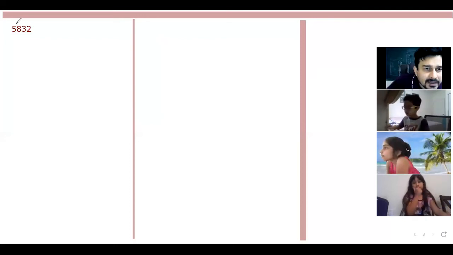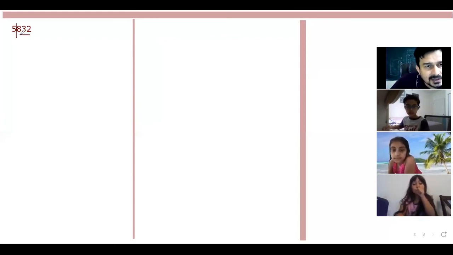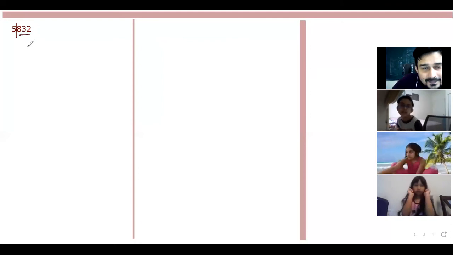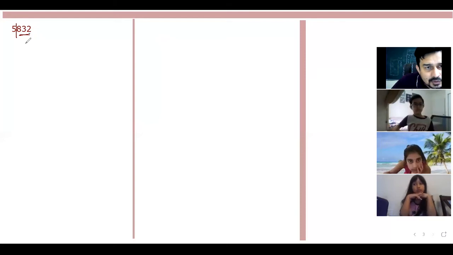Let's see. The RHS and LHS should be divided like this. RHS must always have 3 digits, right? It has to be 3 digits in RHS. Now look at this number. This is 2, so its cube root must end in 8, right?